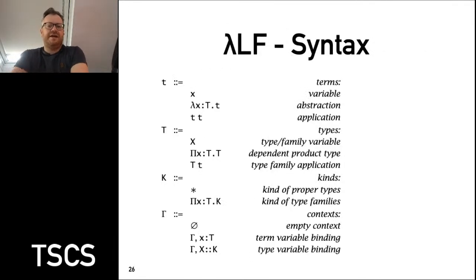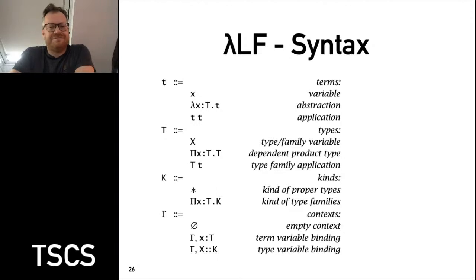So how is lambda LF constructed? And this is actually the complete syntax. It's nothing more. It's the terms you know quite well. This is just the lambda calculus. What's the Greek letter that we had in the previous part of the lecture? I think is that the rho?